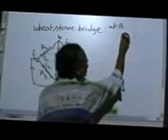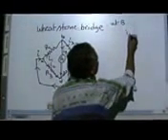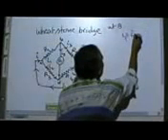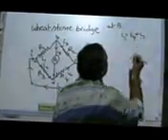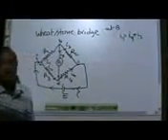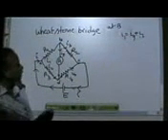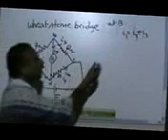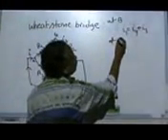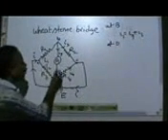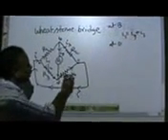So therefore, I1 should be equal to Ig plus I2. Right? Now, at the junction D, there are 2 incoming currents I2 and Ig and 1 outgoing current I4.